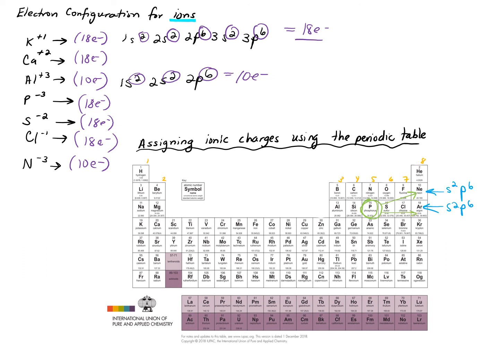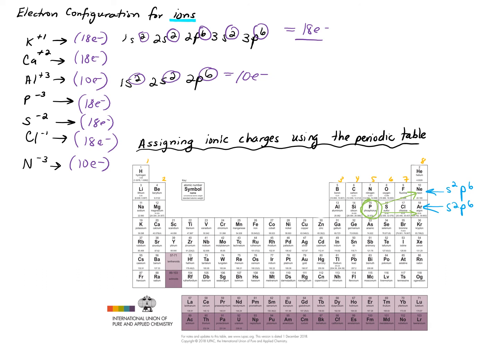For phosphorus to have the same electron configuration as neon, it will have to go down from 15 to 10. It will have to give away 5 electrons. For phosphorus to have the same electron configuration as argon, it will have to gain just 3 electrons.